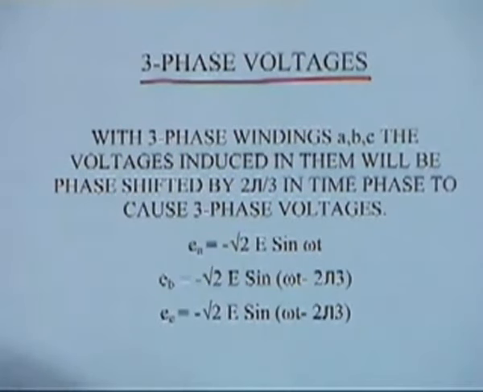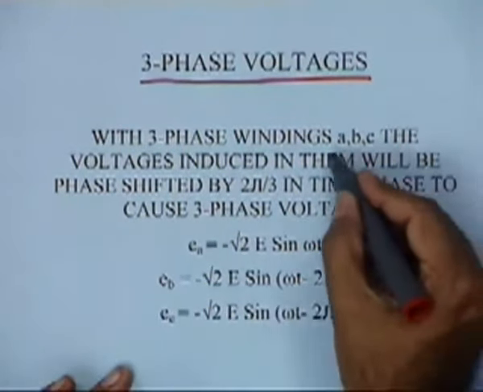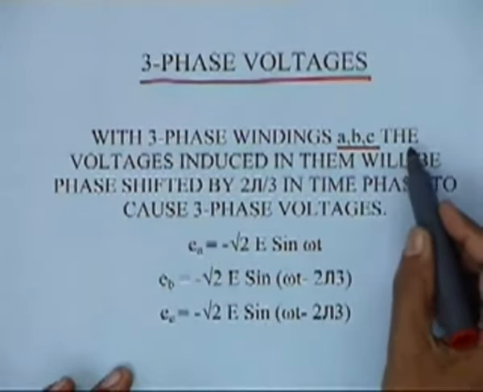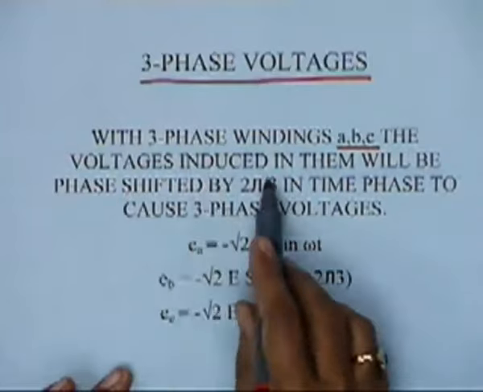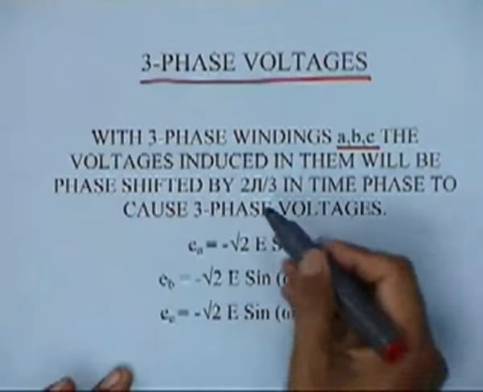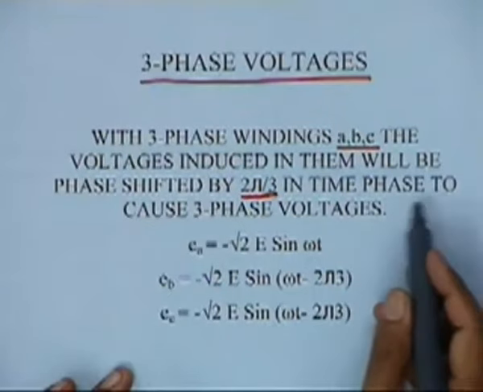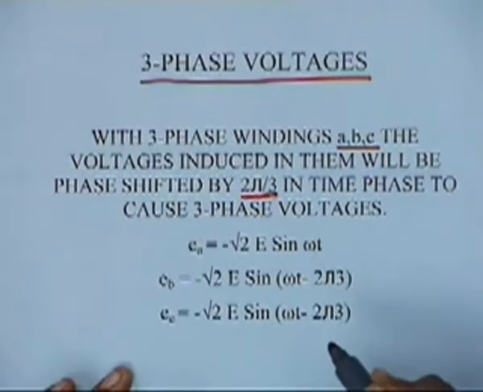If we have 3 phase windings A, B, C, the voltages induced in them will be phase shifted by an angle of 2 pi by 3 in time phase, to cause 3 phase voltages.